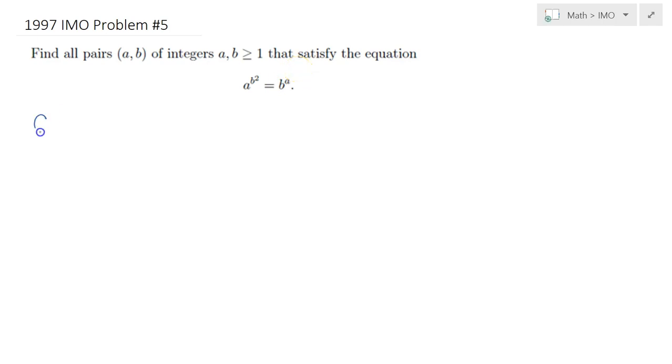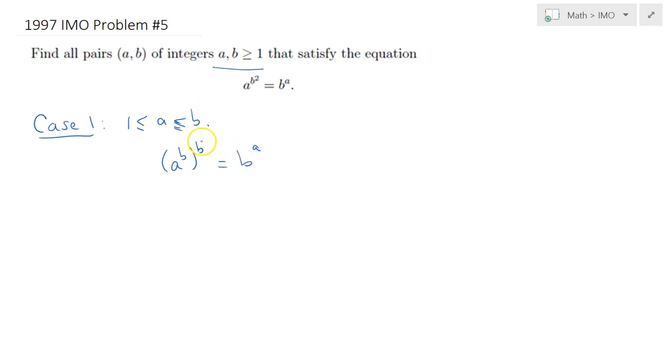I would like to have a case work where the first case is when we have a less than or equal to b. Obviously both a and b are already known to be greater than or equal to 1. Now I can rewrite the left hand side as a to the power b raised to the power b, which is equal to b to the a.